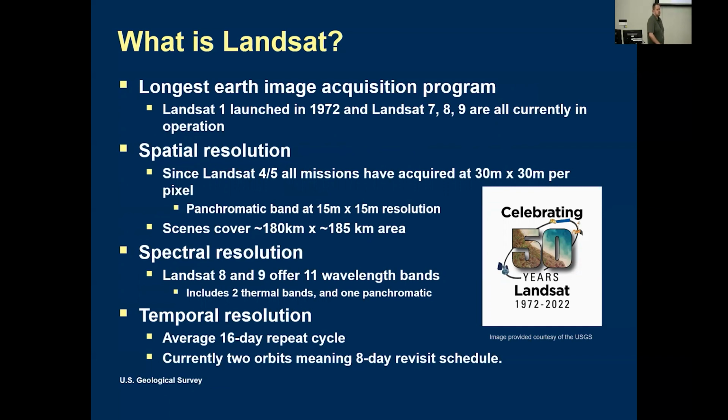Since Landsat 4 and 5, the spatial resolution has been 30 meter by 30 meter pixels. Each of the scenes, as we call them, covers about 180 by 185 square kilometers. We do have a panchromatic band at 15 meters by 15 meters per pixel, so you can use that to pan sharpen and increase the resolution of what you would natively get at 30 by 30.